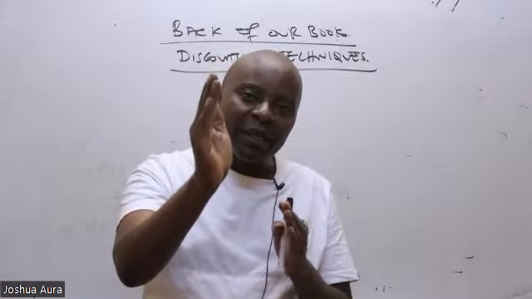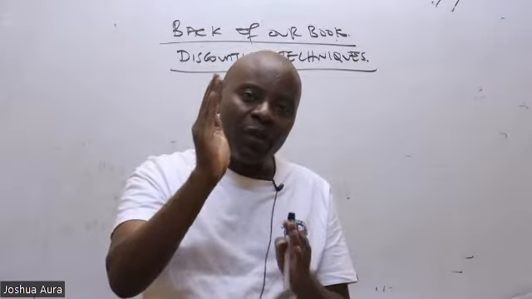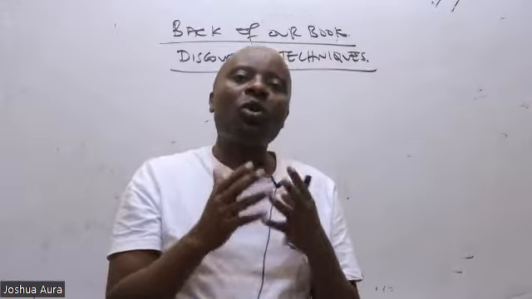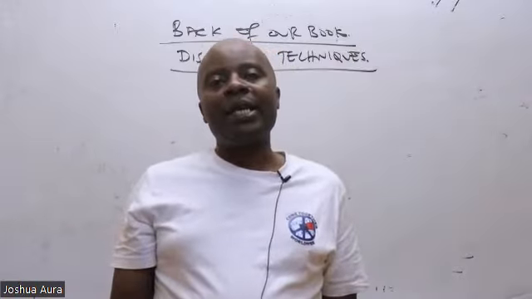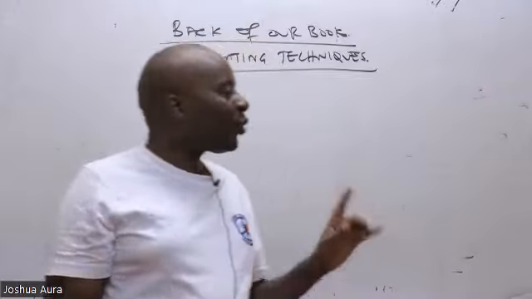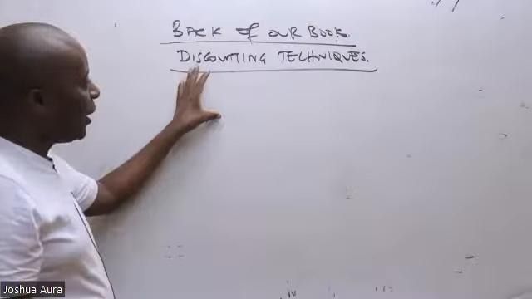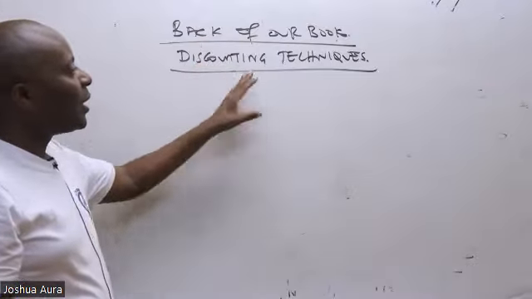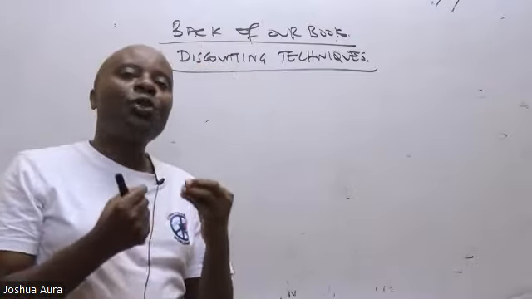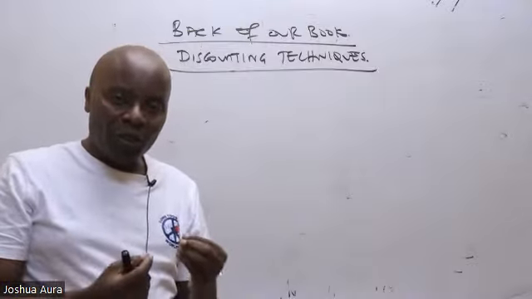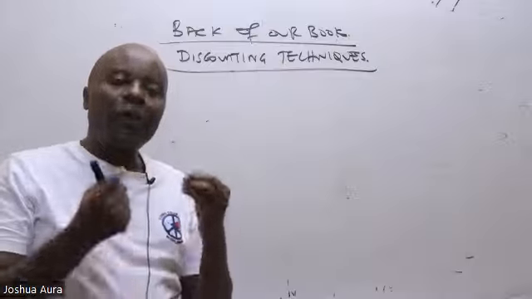Ladies and gentlemen, listen to me very well, and I'm so happy because I'm now seeing the numbers are increasing. There is what we call time value of money. So what you're supposed to know is that when we talk of discounting, basically discounting techniques are techniques that are used to determine the present value of cash flows.